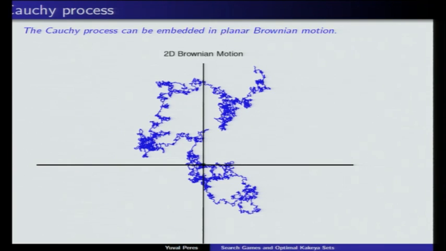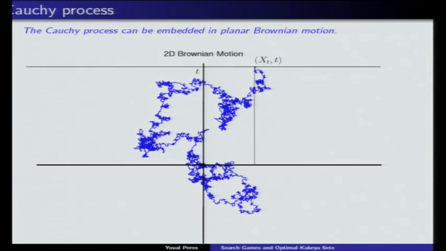So first, what's a Cauchy process? If you run a planar Brownian motion and look at the first time where it hits the line at height t. So height t is the height now, not the time for the Brownian motion. It's the height.